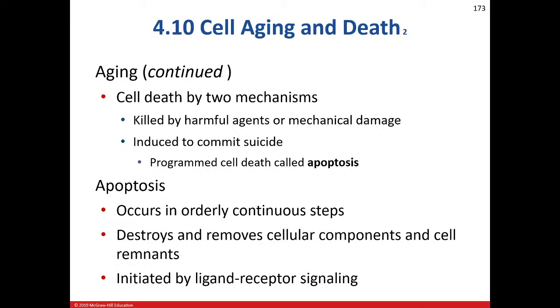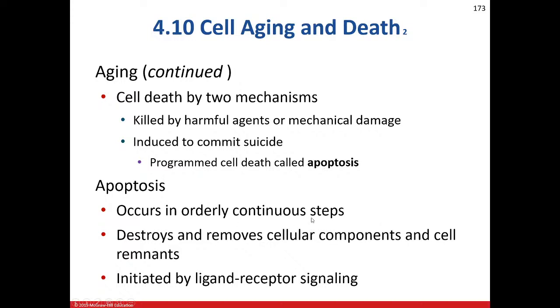Pterodactyl begins with a P. Now, most people call this apoptosis, and that's fine. But if you want to be super correct, it's apoptosis. All right. Anyway, apoptosis is programmed cell death. You're going to see a lot of this as you continue in your studies.